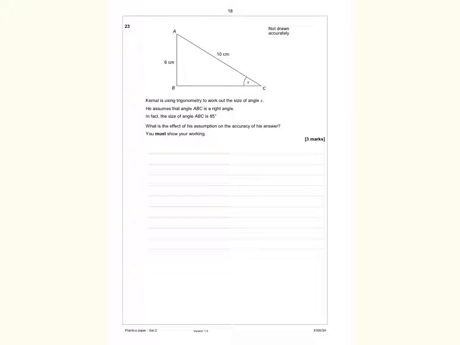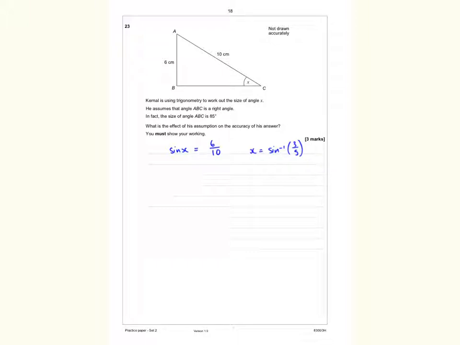As he's assumed that was a 90-degree angle, sine x would equal 6/10, and to find the value of x he would do the inverse of sine, and 6/10 is 3/5. So that will give him his value. I'll work that out in the calculator once I've done the other bit.